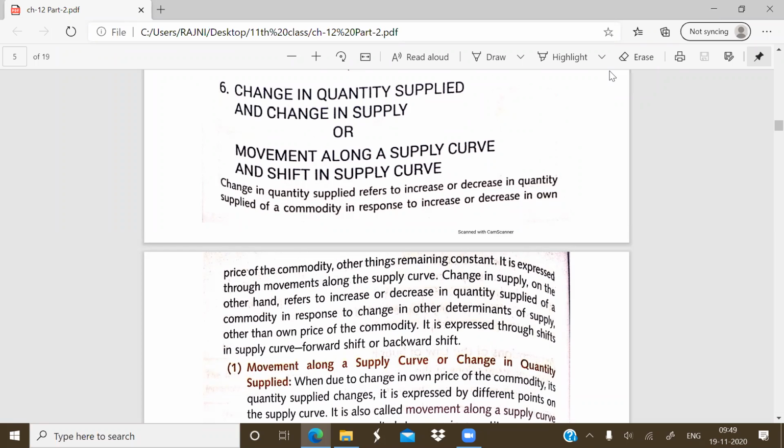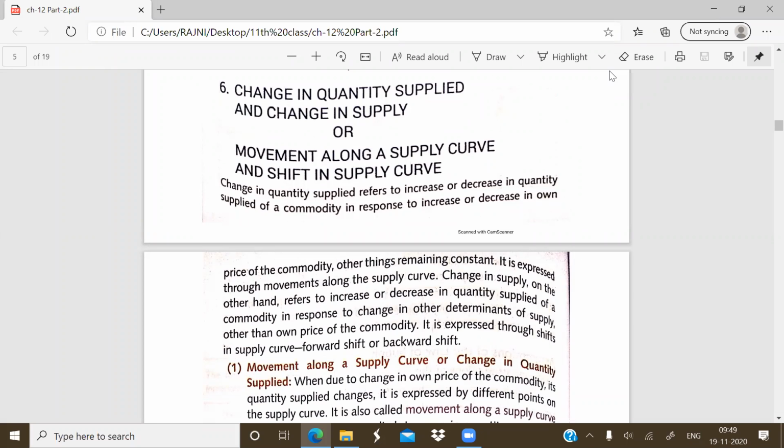So we know very well there is a positive relationship between the own price of the commodity and the supply of that commodity, other things being constant. So simply, if only the price of a product changes and the rest of the things are constant, then there will be a movement along a supply curve.